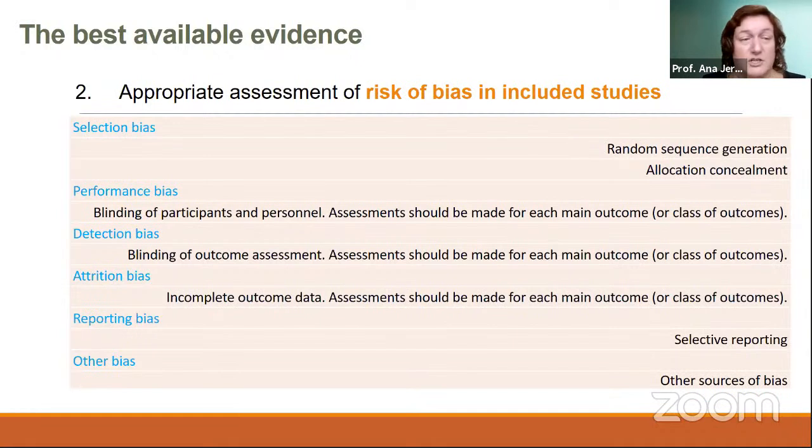We can have detection or attrition bias, which I already explained, or reporting bias. The researchers started with analyzing many different outcomes, and they can select the most interesting ones, so the outcomes with significant results. So that is reporting bias. Or we can have some other bias. For instance, we can have a randomized controlled trial with a big difference between the groups at the beginning of the trial, which is again a problem.